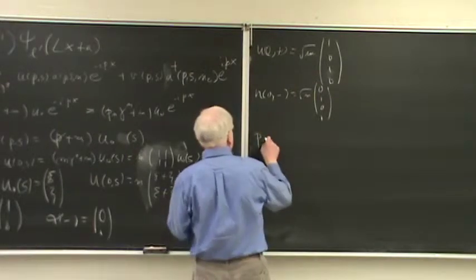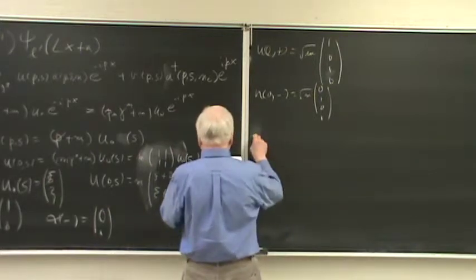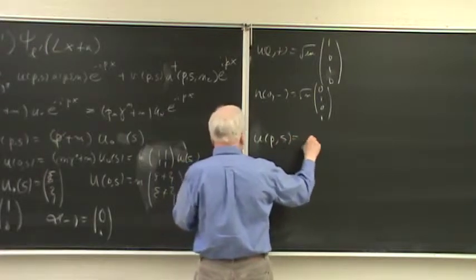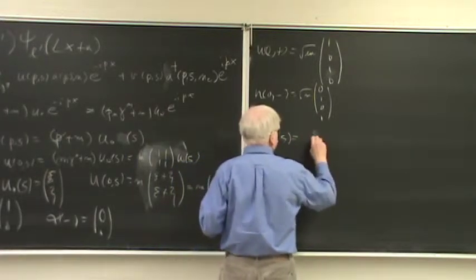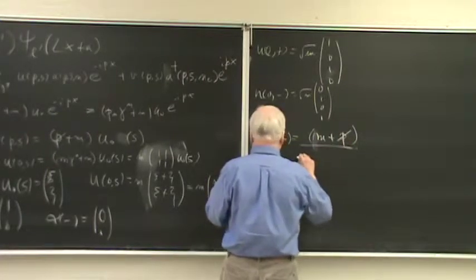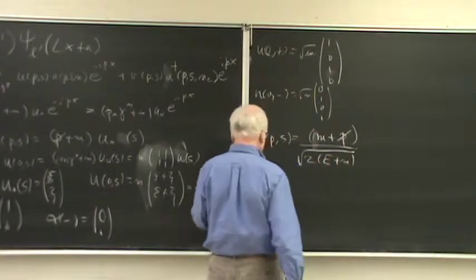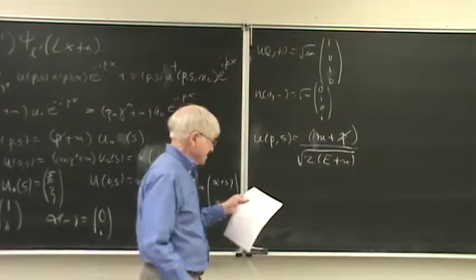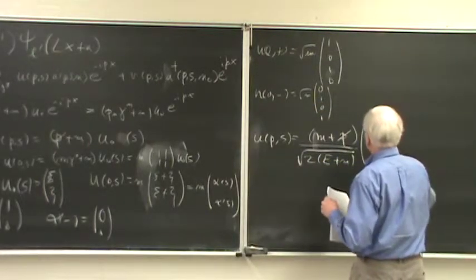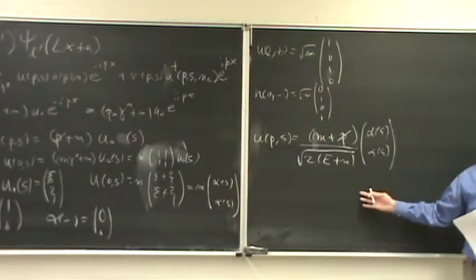And so in fact, what we can say is that u of p and s is, I think it's nicer to write, (m plus p slash) over square root of 2 p plus m. So this is Schwarz's normalization. And then this would be α of s, α of s. So these are the formulas for spinors.